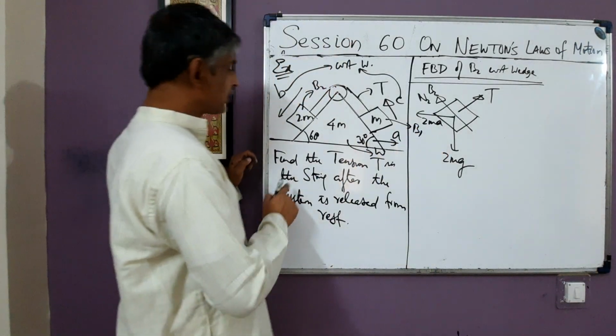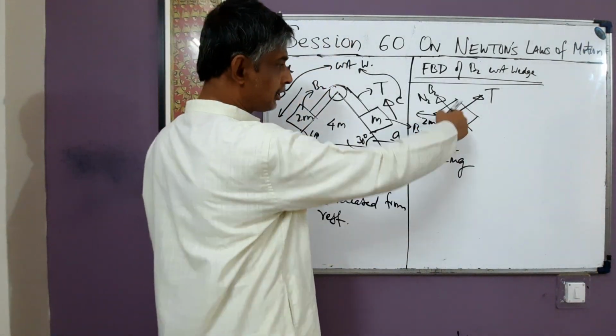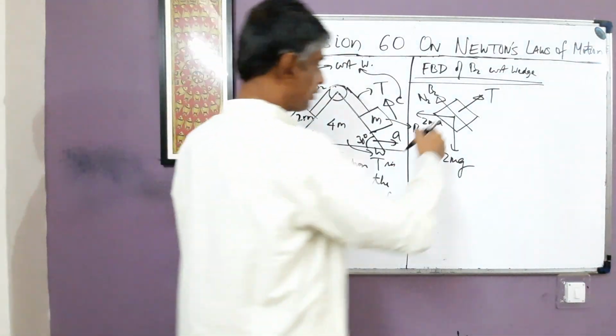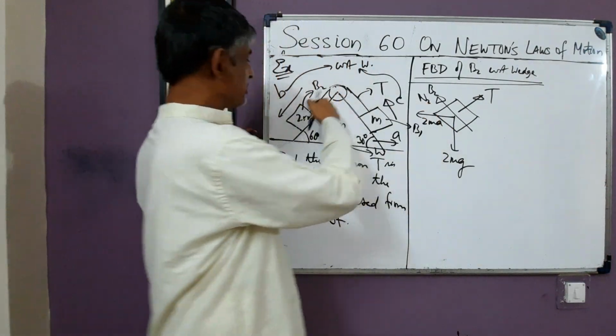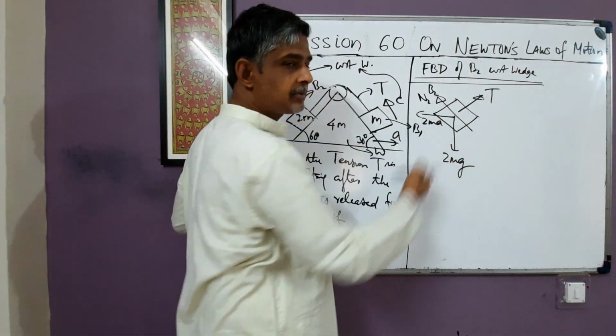Now I write down Newton's law equation of B2 down the incline. N2 will have no component in this direction. Only these three forces will have some component.